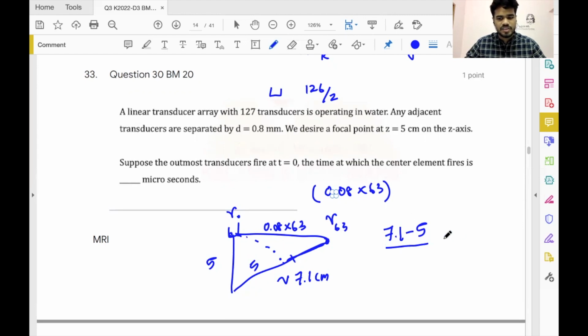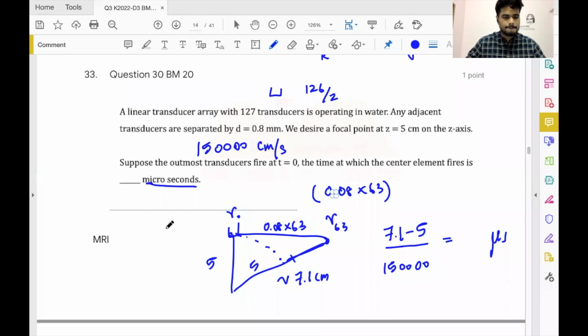The time taken, divide this by the speed. Are we given the speed? Okay, sound wave, assume 1500 centimeter per second. We should get the time. Notice this is in centimeter per second, so we get the answer in seconds. And finally, we want things in microseconds. Okay, what do we get here? 14 microseconds.